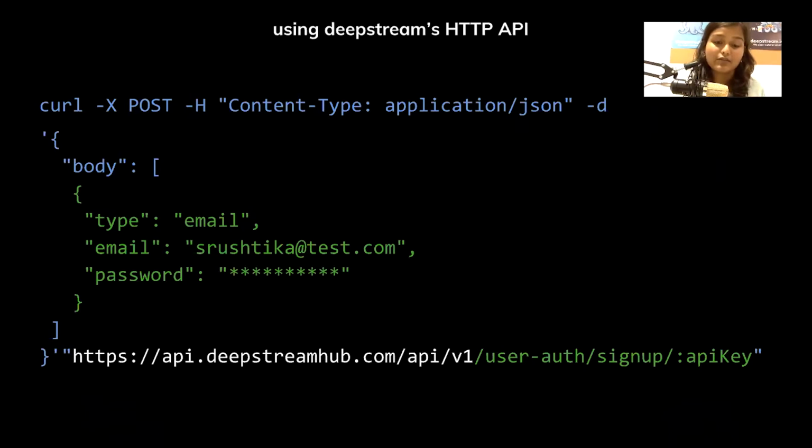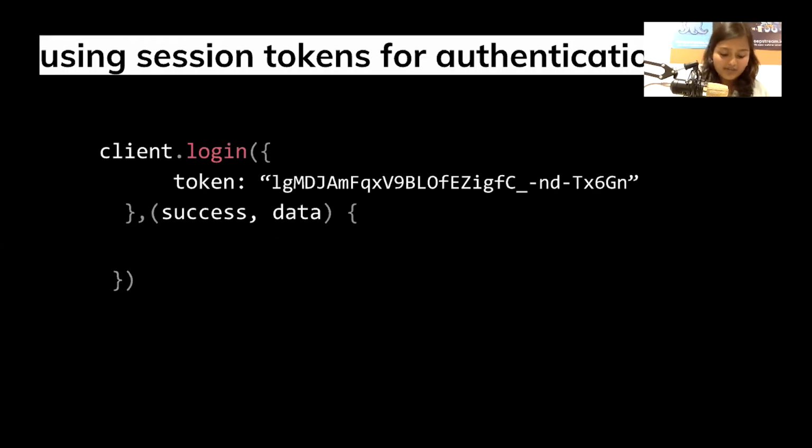This API key is of course obtainable from the admin tab on your Deepstream Hub dashboard under your application. So you can just give the API key, and that's how you would add users using Deepstream's HTTP API. Clear? Cool. Now we have something interesting that happens in email authentication.